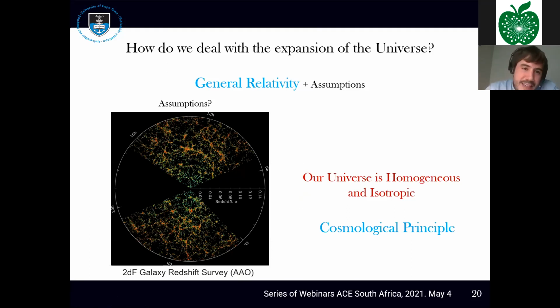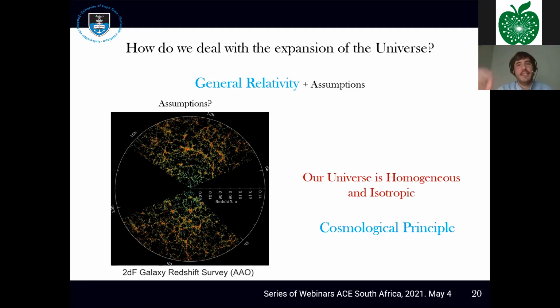In general words, this means that our universe looks more or less the same at any point of it. The universe is quite similar at each location. This is what we call the cosmological principle.